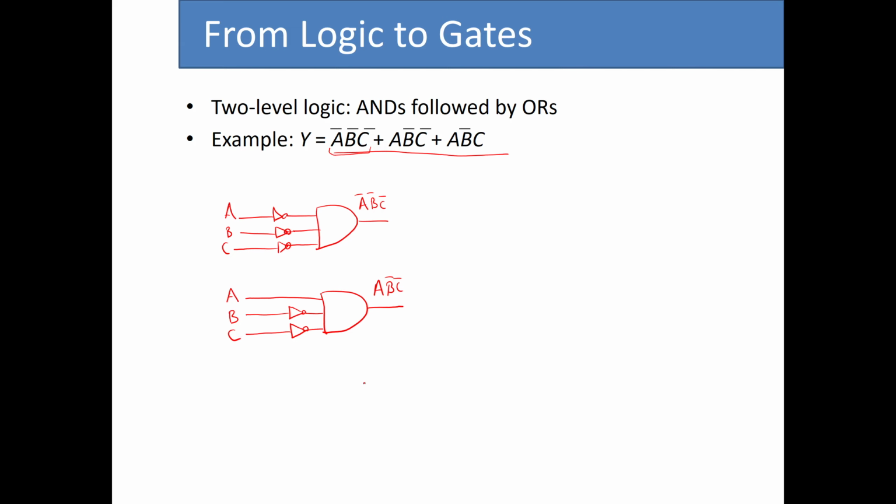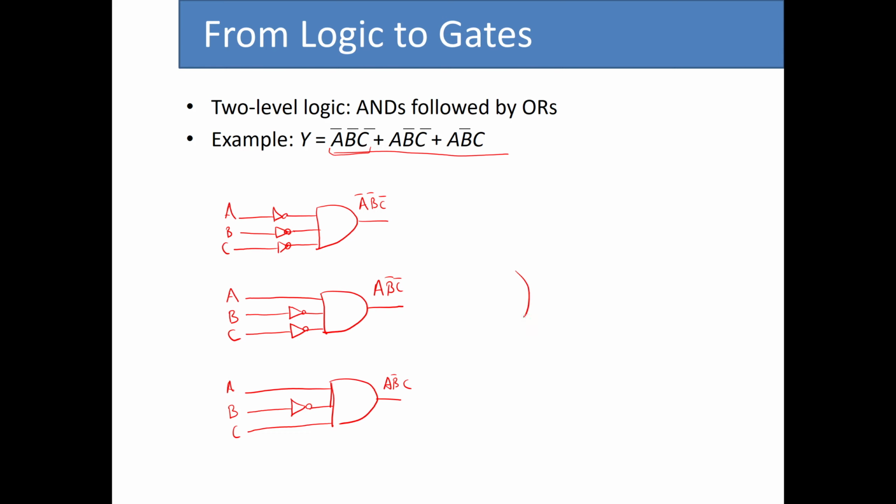And then finally we have a b bar c. We have a here, we have b bar here, and then we have c here.